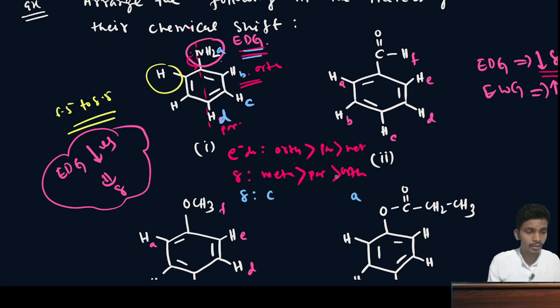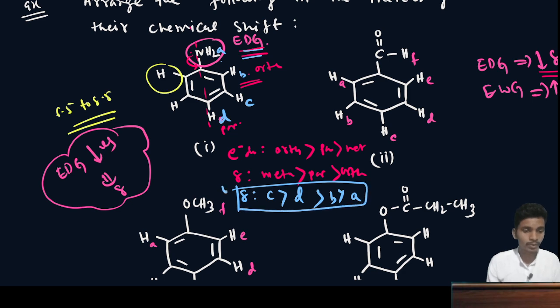After that ortho, that is B, then we have D. So this is the chemical shift order.